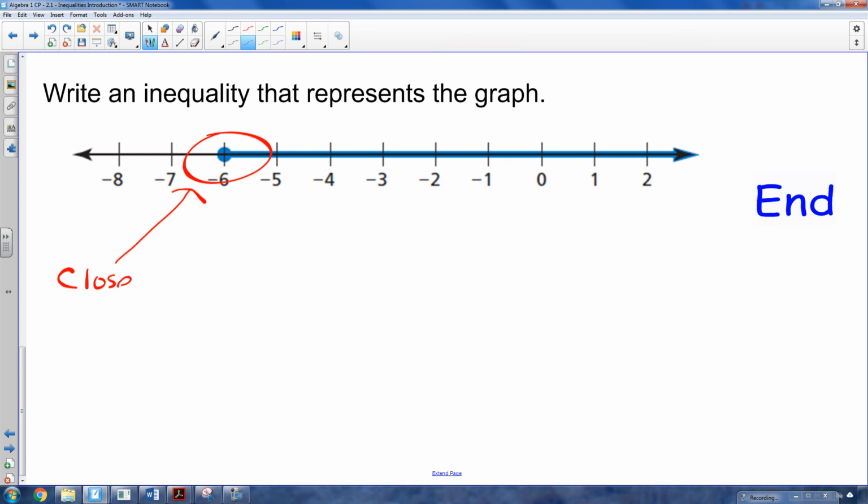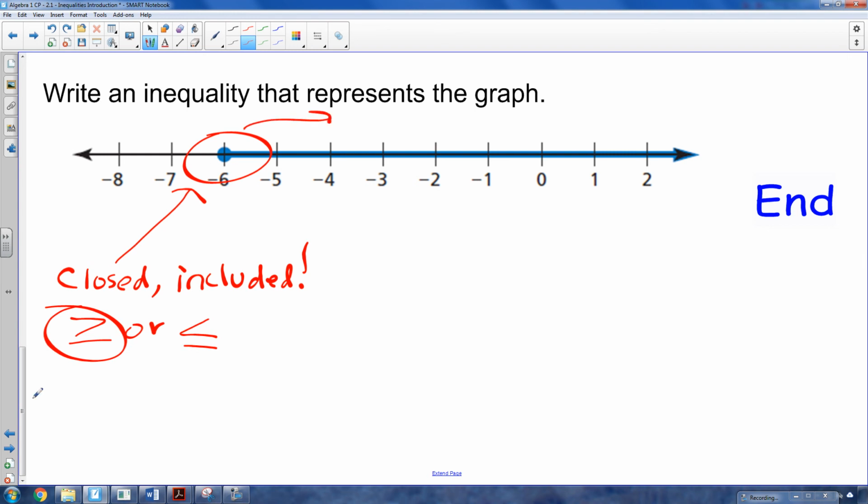So that means you're going to need to use greater than or equal to or less than or equal to. Now I'm going to use greater than or equal to because I see that they're pointing to the greater numbers. So I'm going to write that x is greater than or equal to -6. That's it. And you can see that it says end here because that is the end of the video.